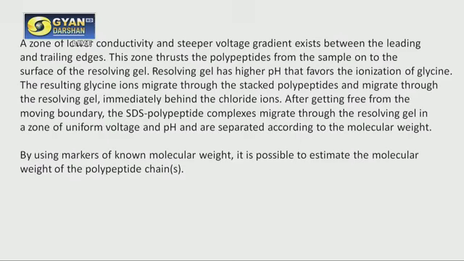Because the resolving gel has a higher pH, it favors the ionization of glycine, and these glycine ions migrate through the stacked polypeptides and through the resolving gel immediately behind the chloride ions. After getting free from the moving boundary, the SDS polypeptide complexes migrate through the resolving gel in a zone of uniform voltage and pH and are separated according to molecular weight.